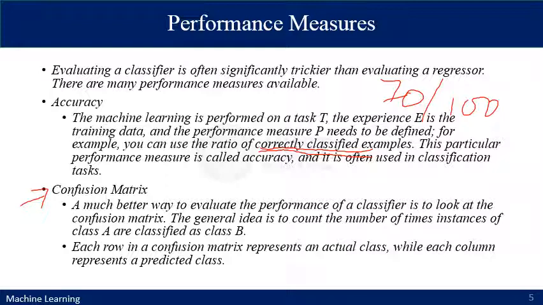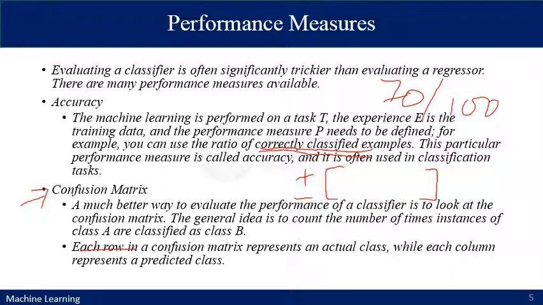Each row in the confusion matrix represents the actual class, while each column represents a predicted class. If you take a binary classifier, you can construct a matrix for it, representing each row as the actual class. For binary classifiers, we have the positive and the negative class. The rows represent the actual classes while the columns represent the predicted classes.